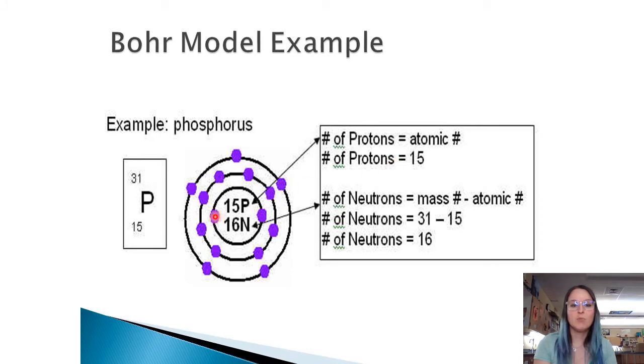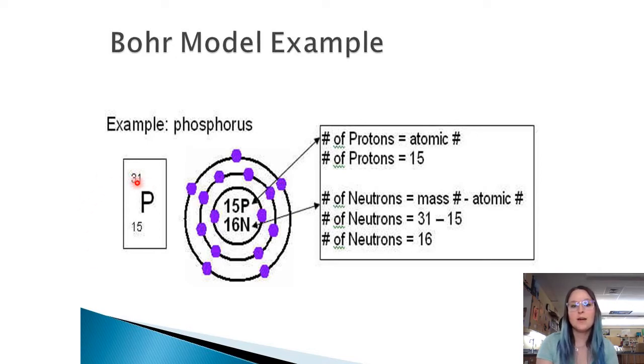We're noticing our protons, 15 here, and that's going to be our atomic number. And then our 16 neutrons, which we figure out because we have a mass of 31 for phosphorus. So when we take our mass and subtract our atomic number, or our protons, that's going to give us our number of neutrons. So that kind of helps us think through how to find my number of protons and my number of neutrons.